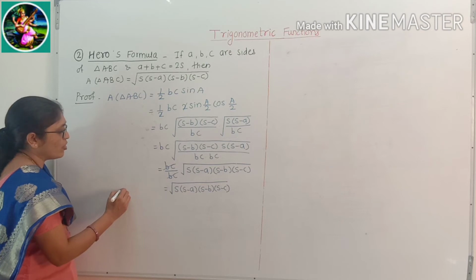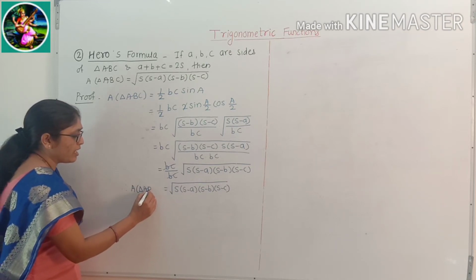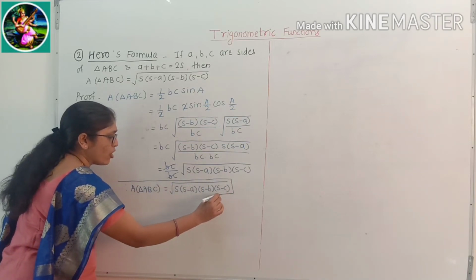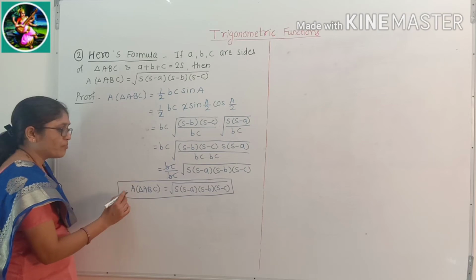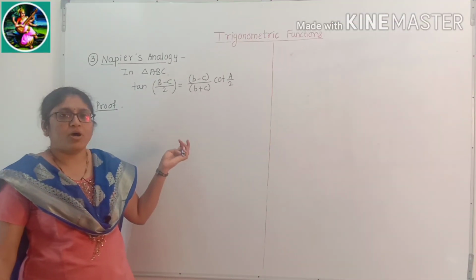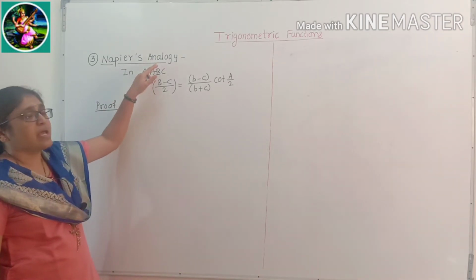That is the formula for finding the area of triangle ABC if we have the values of the lengths of the 3 sides of any triangle. Next application of sine rule, cosine rule and projection rule is Napier's analogy.